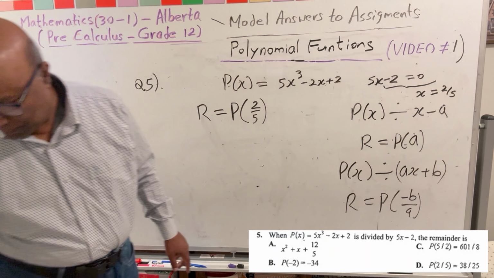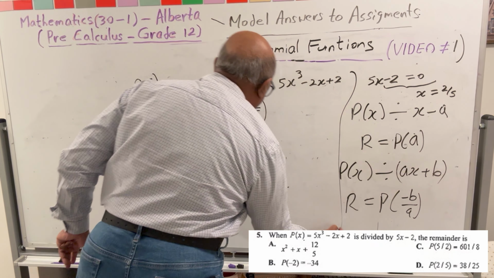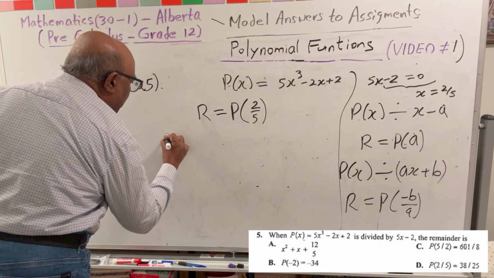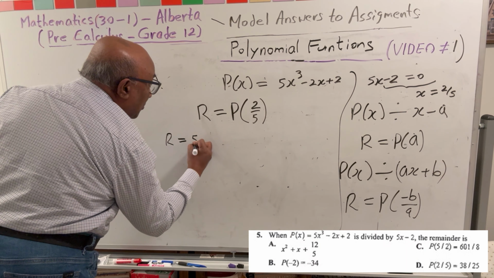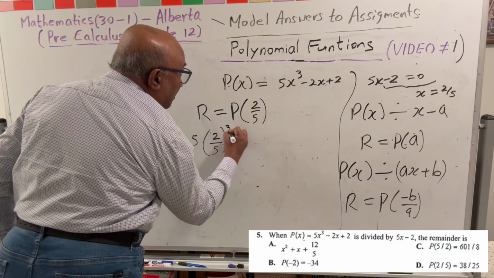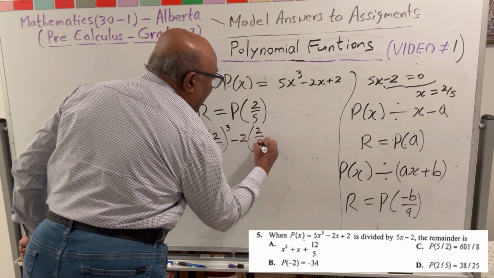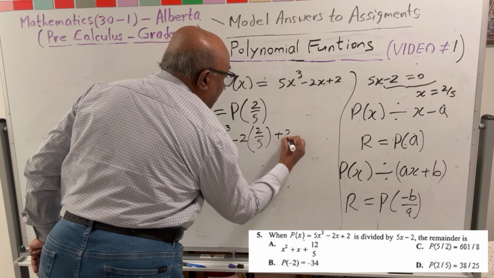Okay. Now simply substitute this value in here. The remainder is 5 times 2 upon 5 cubed minus 2 times 2 upon 5 plus 2.